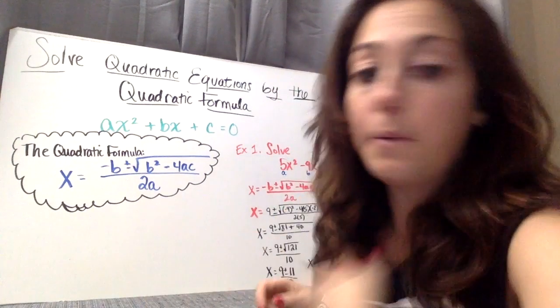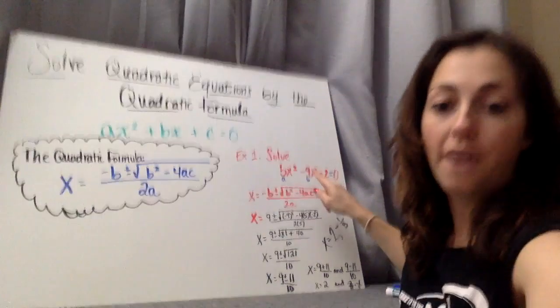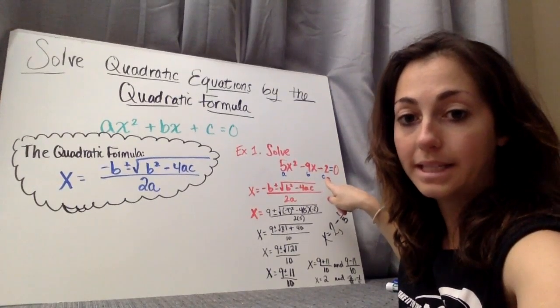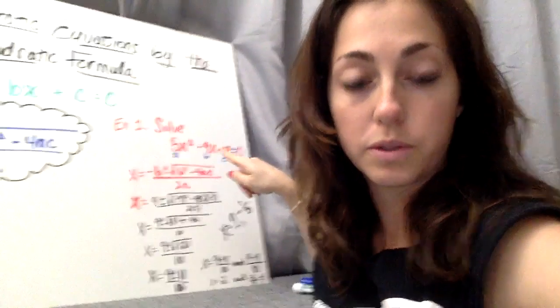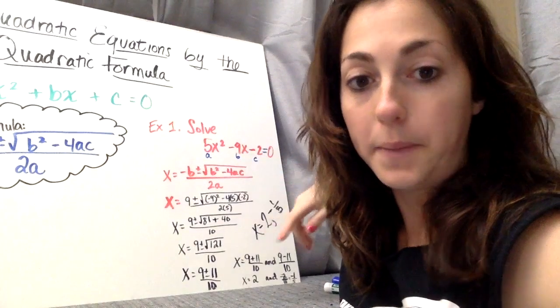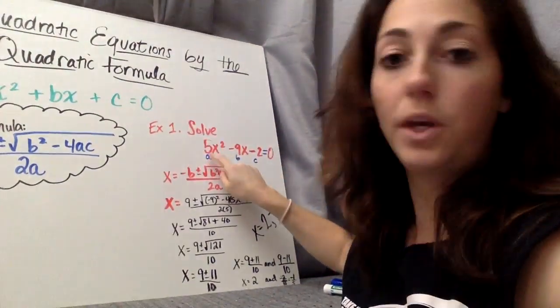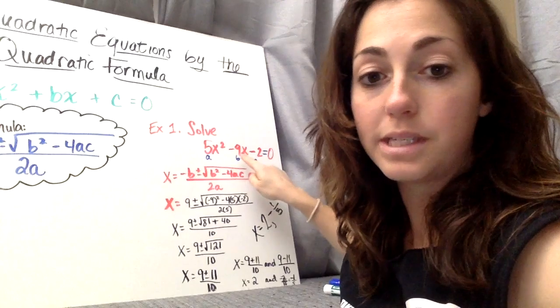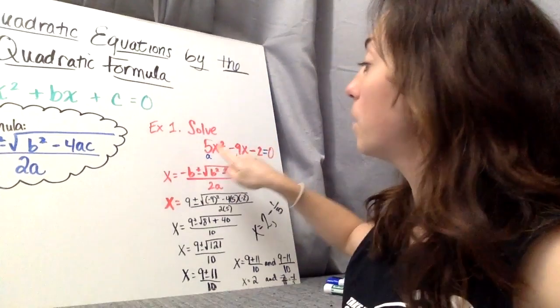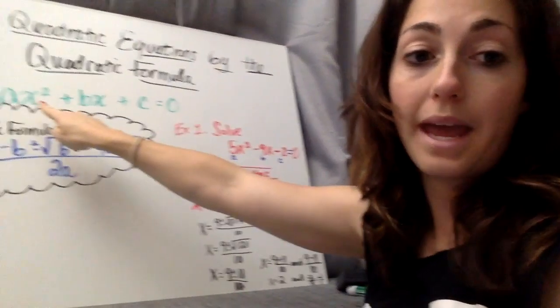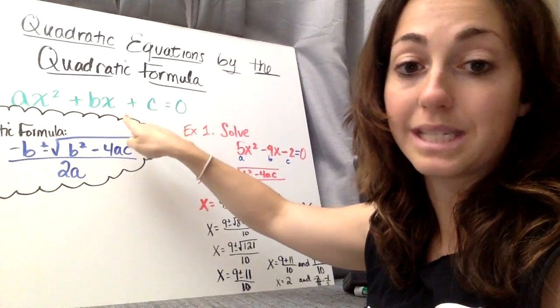So here's an example. We have 5x squared minus 9x minus 2. Let's see if we can get closer on that. Okay, and so my a value is 5, my b value is -9, and my c value is -2. Super important that I have this form, ax squared plus bx plus c.